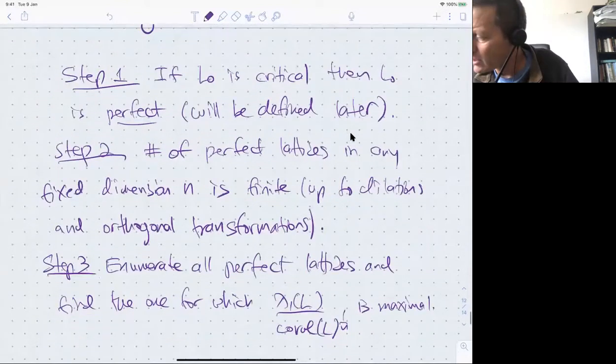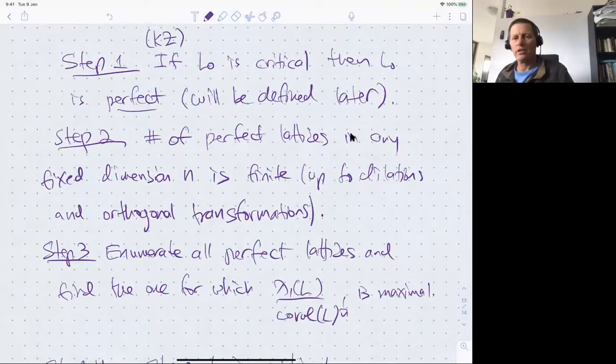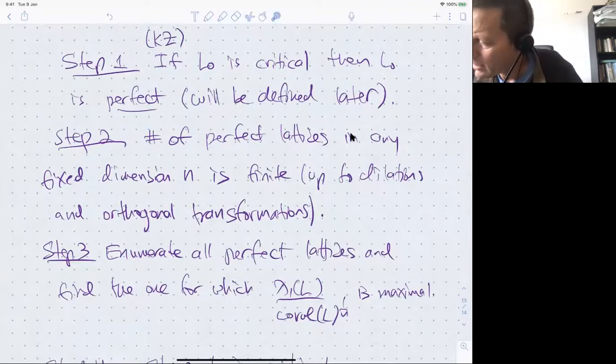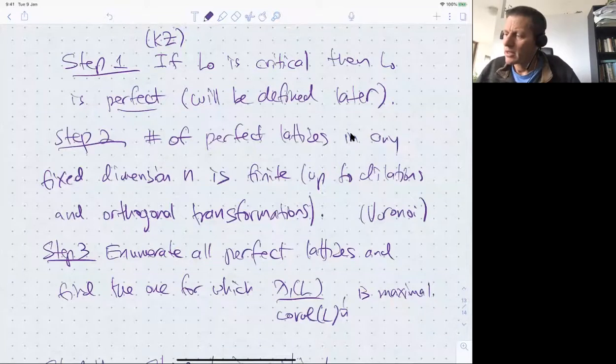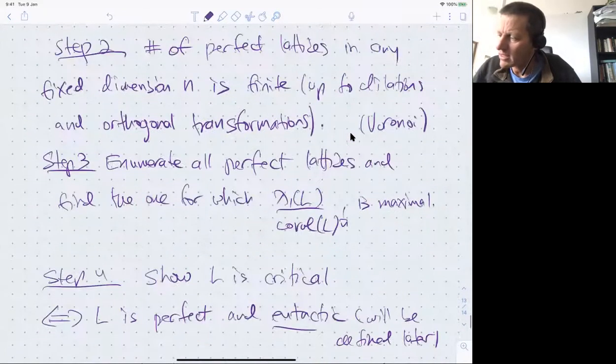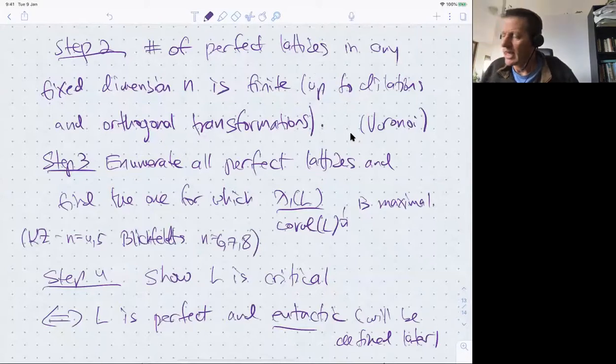Okay, so let me just put names on these steps. This first step was done by Korkin and Zolotarev. The fact that the number of perfect lattices is finite was done for general dimension by Voronoi. The task now of enumerating the perfect lattices in your favorite dimension and finding the optimal one was done by Korkin and Zolotarev for n equals 4 and 5, and Blichfeldt for n equals 6, 7, and 8.